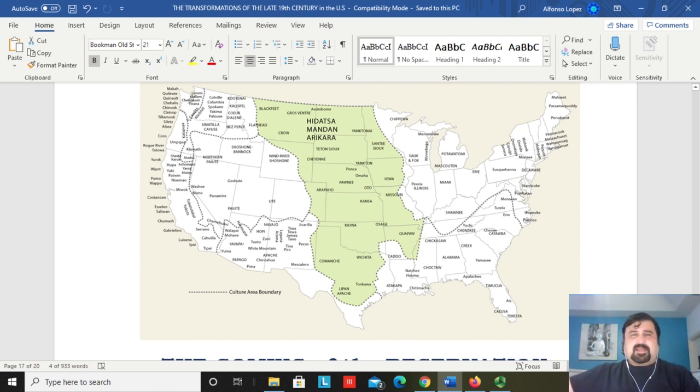Okay, so most of those Native American nations lived, again, in this region you can see here called the Great Plains, although many of the Native American groups that were also moving to reservations lived, of course, in other regions outside of the Great Plains as well. Particularly in the northwest part of the country, there's a number of Native American groups that were also moving to reservations.